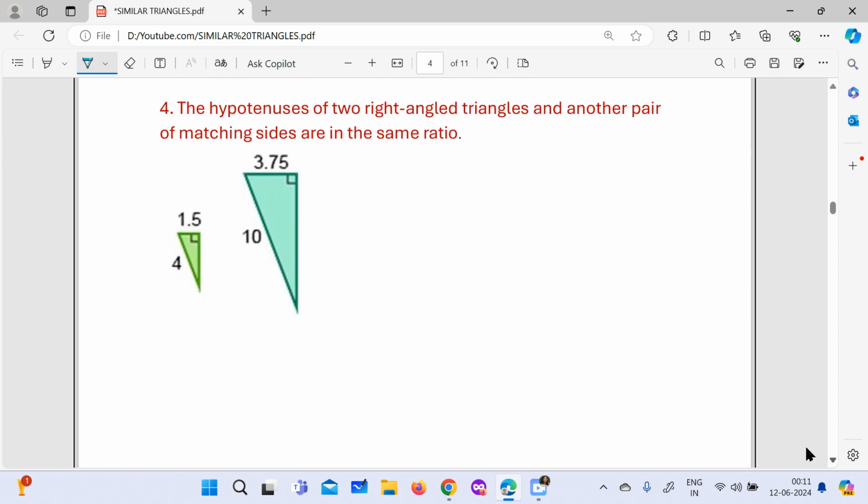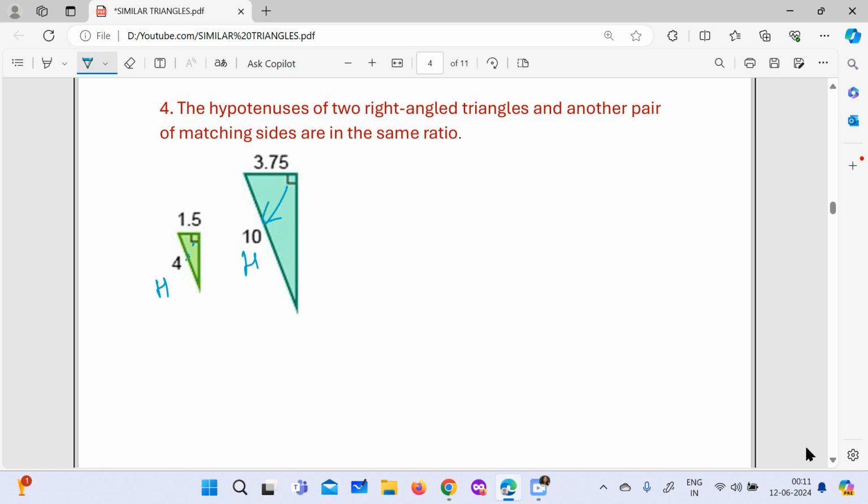Then, this is the last one. The hypotenuses of two right angle triangles and another pair of matching sides are in the same ratio. So when we speak about right triangles, how can we say that they are similar? What it says is hypotenuses of two right angle triangles. So where is the hypotenuse? This is your hypotenuse, opposite to 90 degrees, and here also opposite to 90 degrees is the hypotenuse.